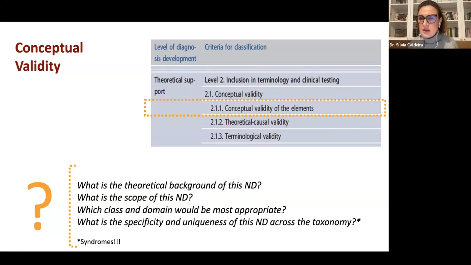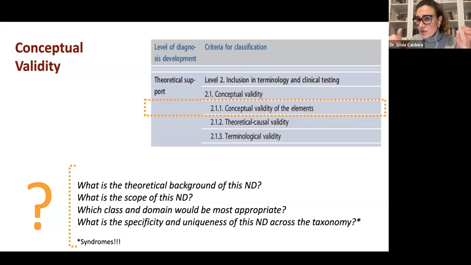What is the theoretical background of that nursing diagnosis? What is the scope of the nursing diagnosis? Which class, which domain? We need to look at the structure of NANDA and try to find the room for that nursing diagnosis from a theoretical point of view. What is the specificity and uniqueness of the nursing diagnosis across the taxonomy?